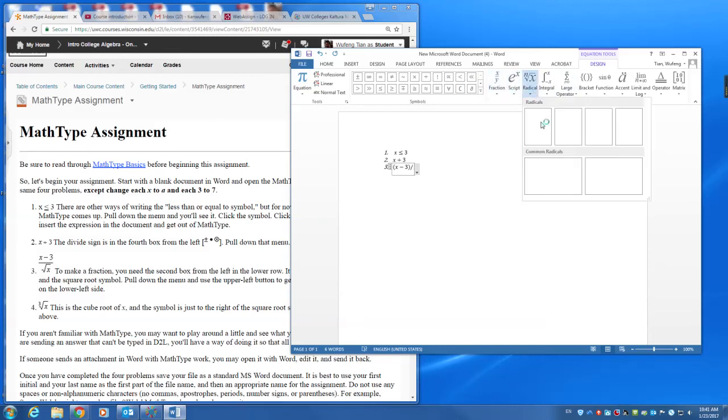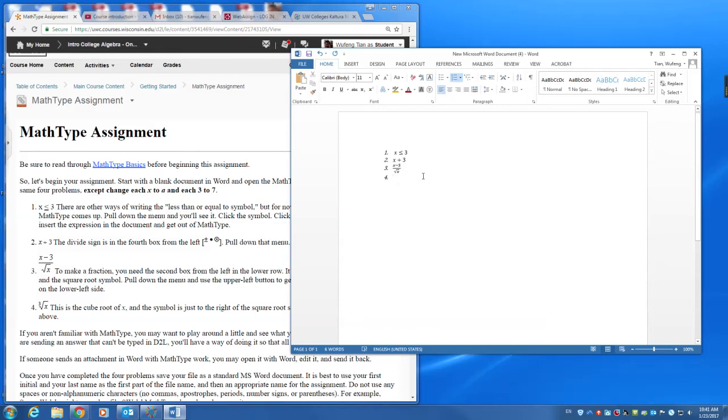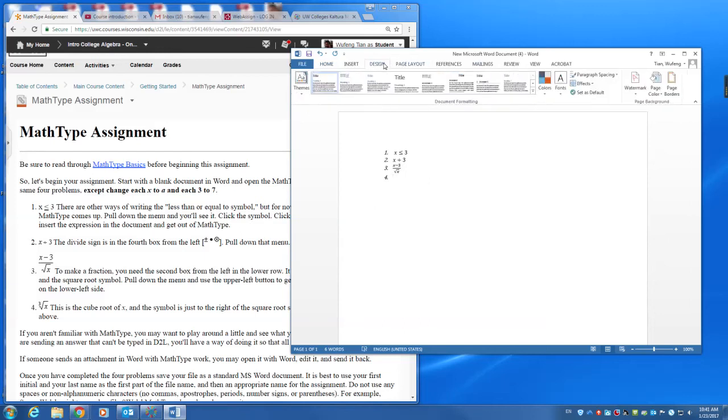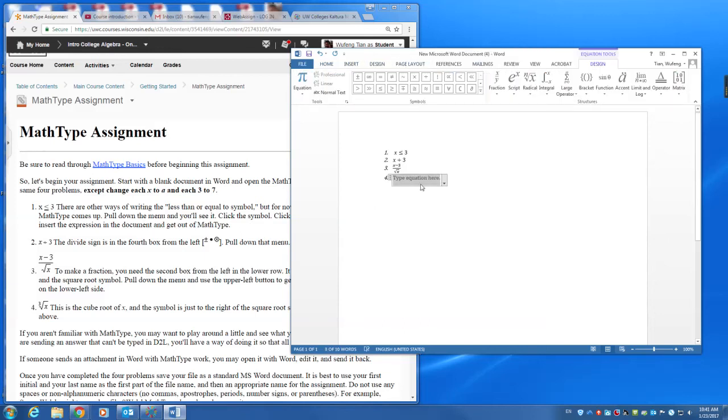There's a square root here, under radicals, square root of x. For the cube root of x, in the equation, cube root, this is the cube root of x.